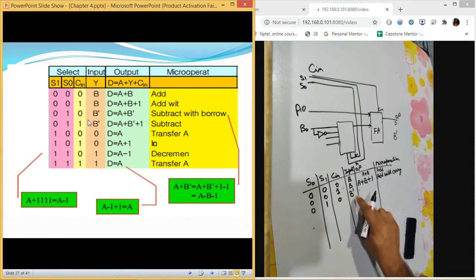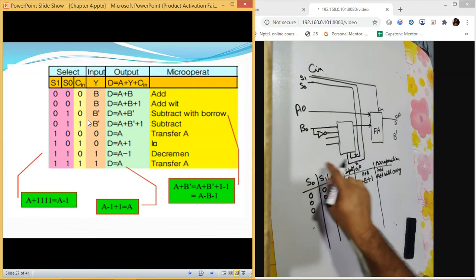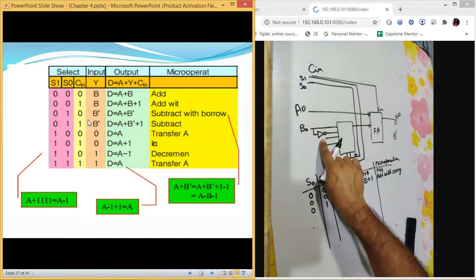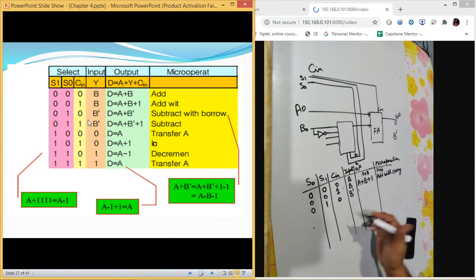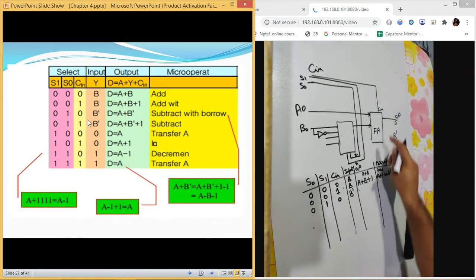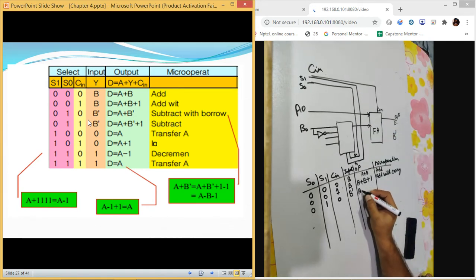So inputs Cin, S1 and S0 are the values which we give to it, and whatever input we have given at this place, we just write that input. So it is 0, 1, 0 and B dash. Now this will add the values. It will do A plus B bar.